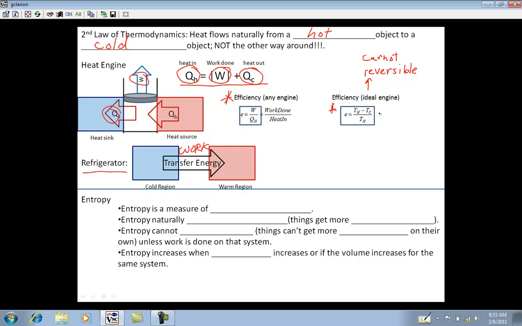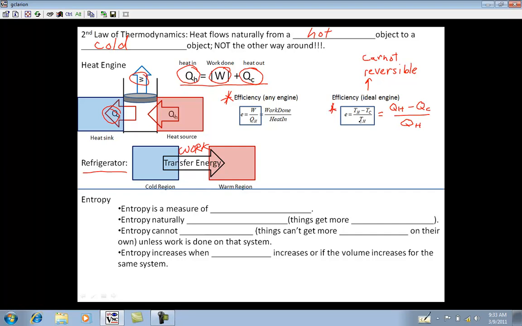This can be rewritten like this: QH minus QC over QH. Now, the AP test hasn't had too many of these questions lately, so we've been sort of ignoring it. And if they do come up, it's such a small part of the test question.